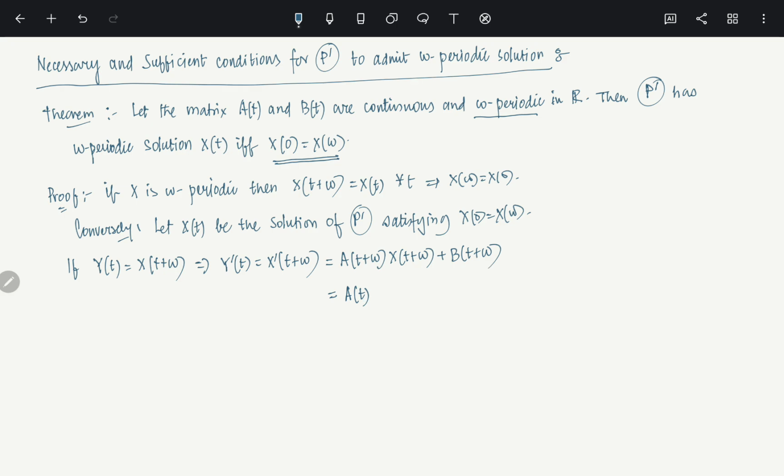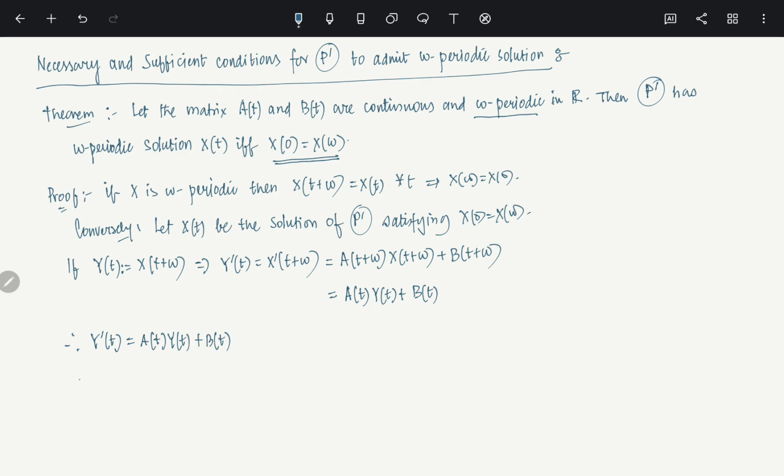And what is x of t plus w? By definition, it is y of t. Plus, what is b of t plus w? Again, it is b of t. That is just a given. Since a and b are w periodic, this happens. So therefore, what does y do? y prime of t equals a of t times y of t plus b of t.